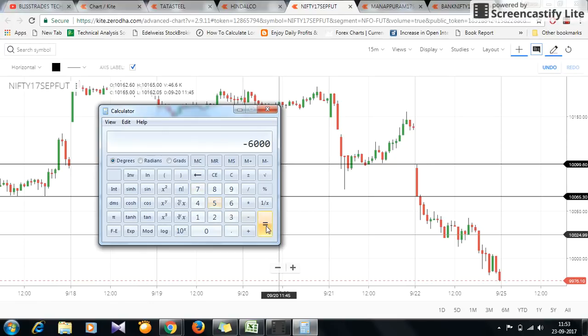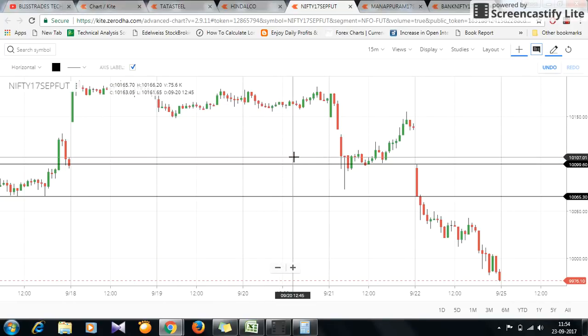So I have made around 6,000 bucks. So we risked 2550 to make 6,000. So that becomes basically a 1 is to 2.35 trade, which is not bad on a given day.